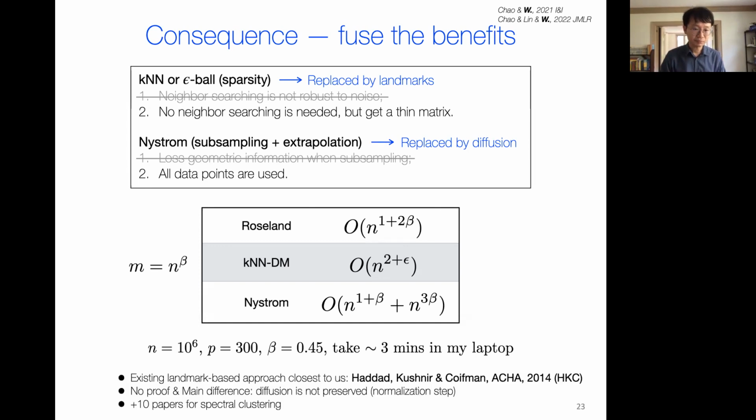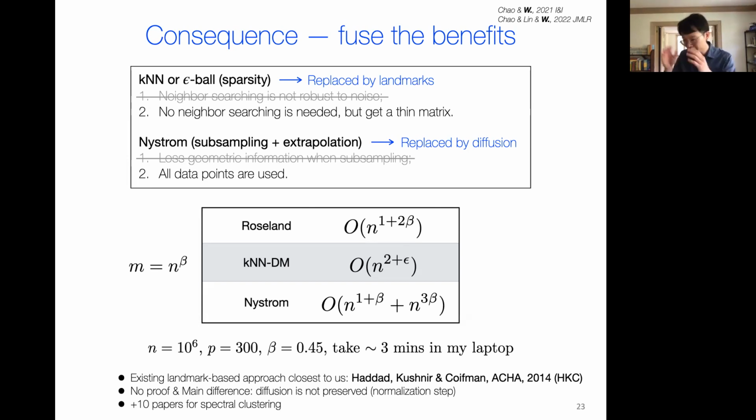And I have to mention that this landmark idea has also been used in previous work. The only difference is before there was only an algorithm trying to handle images, and there was no proof, and there was no diffusion considered there. They use a different normalization.